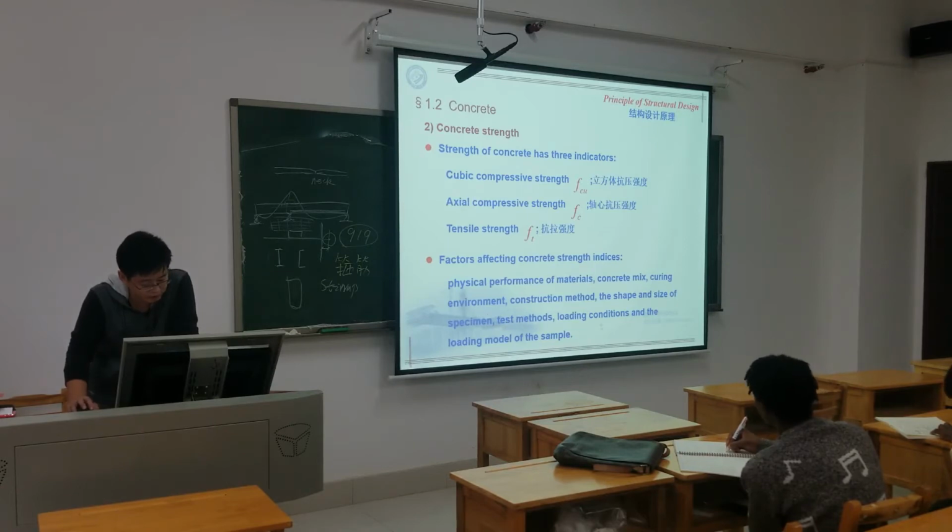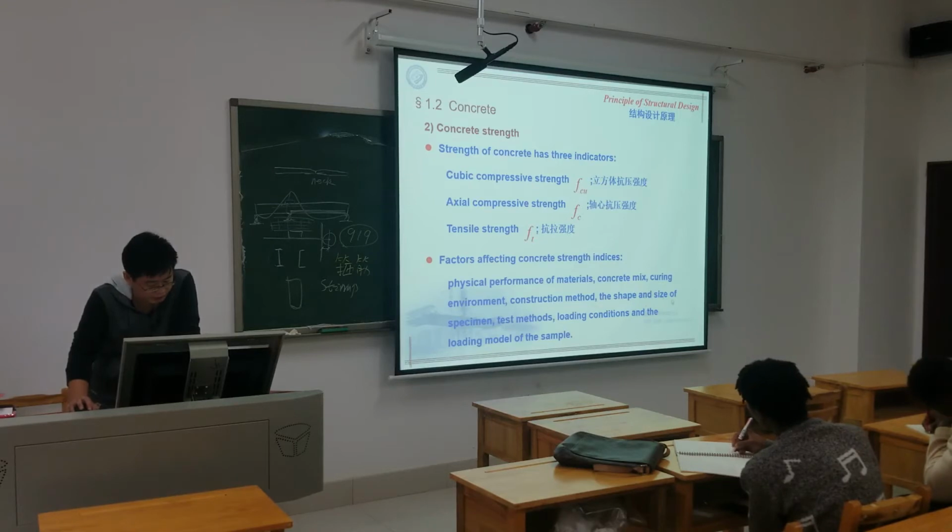Test method, the loading condition, and the loading mode of the sample also matter. Those have the same influence on cubic and axial compression. Only the shape and size of the specimen differ, and this is the main influence on the different values.